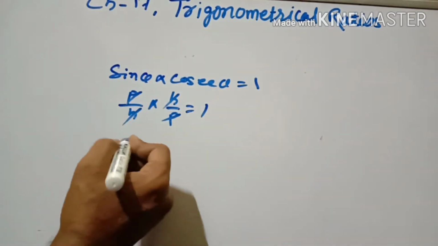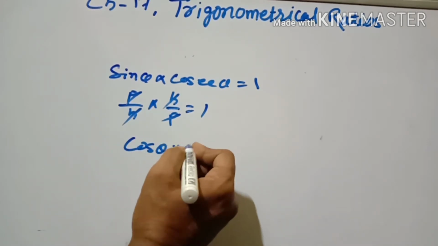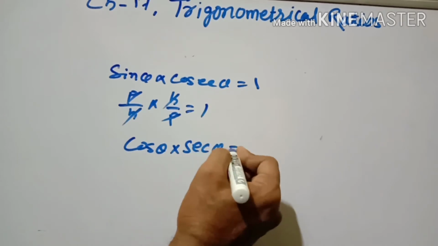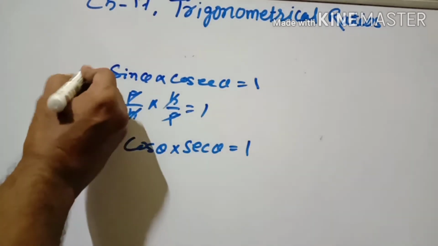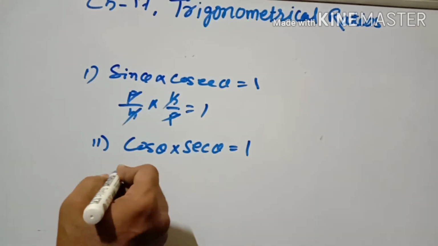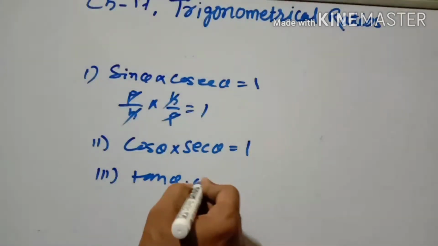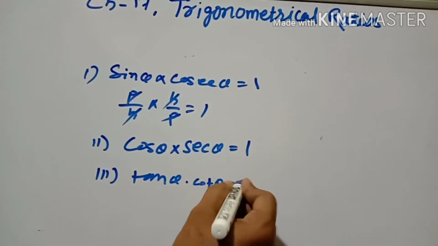Same as cos theta into sec theta equal to 1. Same we can use, tan theta into cot theta equal to 1. Write down please.